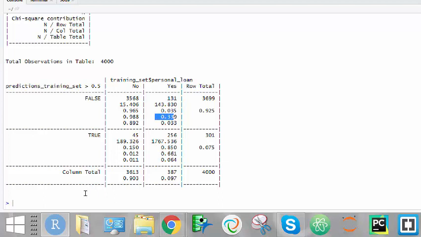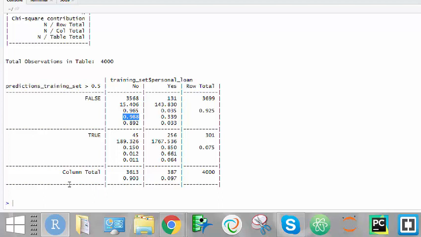And where is my specificity? It's in this column. So correctly predicted nos out of the total nos, right? And this ratio is right here. 98.8%. Really high specificity. Kind of okay sensitivity, right? 66%, right? Are we cool?